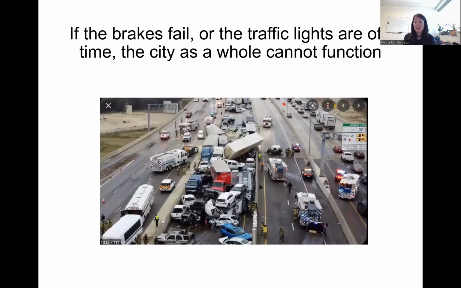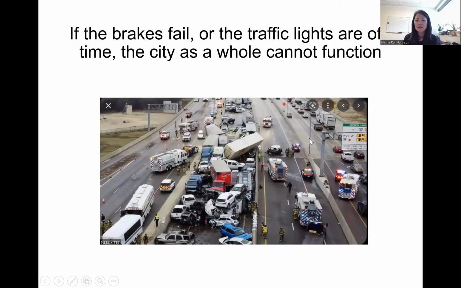And so if any of these processes go awry, let's say we lose power and all the traffic lights stop working, and you get this pileup, it affects not just that location, but really the city as a whole. You know as well as I do when there's construction on campus that it really messes up traffic, all the way down to Foothill.